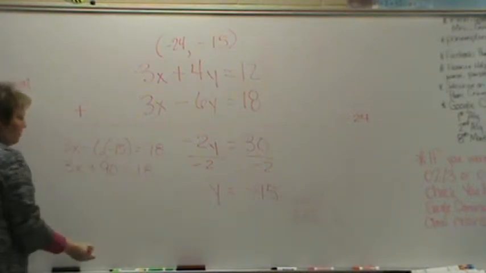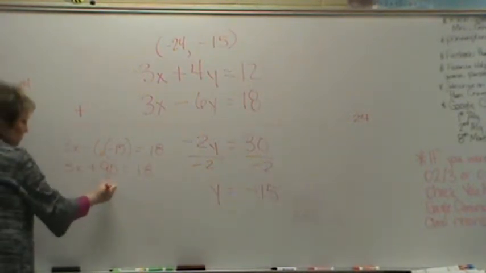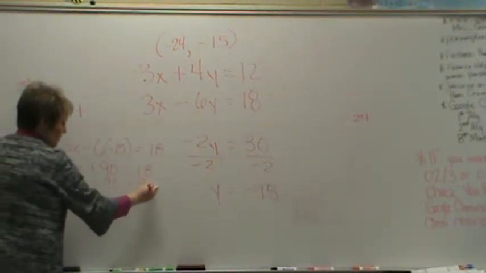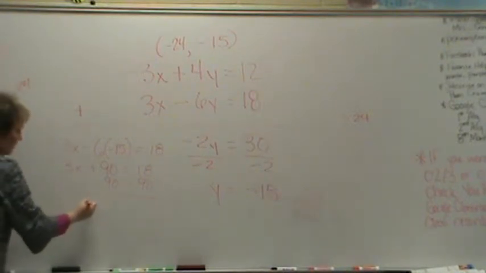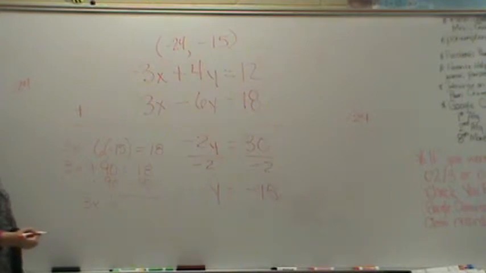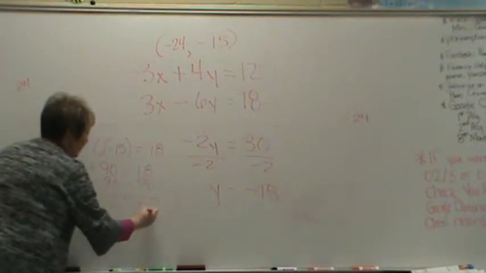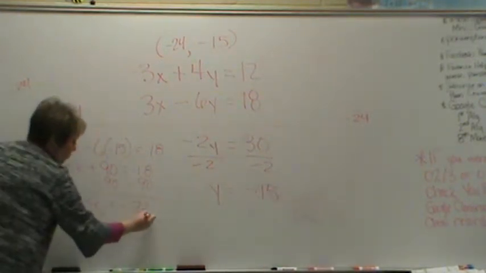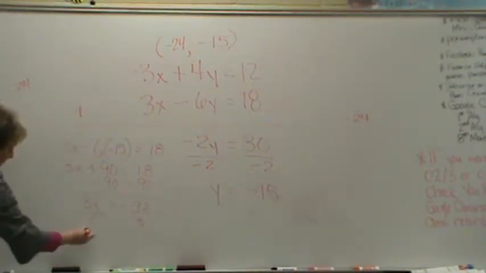Then what do I do? Subtract 90 from 18. And what do I get? 3x equals negative 72. Did you subtract? You added. I got negative 72. Okay, then I divide by 3, and what do I get? Negative 24.